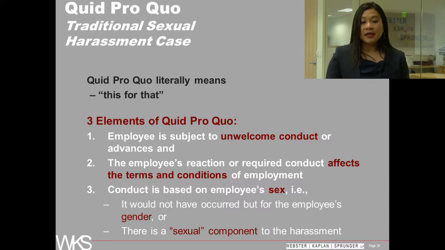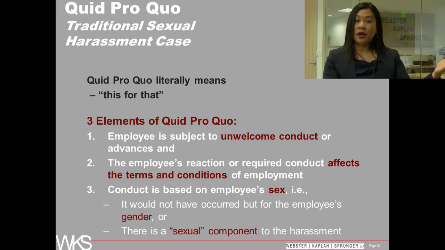The second is that the employee's reaction or required conduct affects the terms and conditions of employment. So meaning if she succumbs to going out with a supervisor or succumbs to the request to give massages, right, that there's going to be some kind of required conduct that's going to affect the terms and conditions of her employment, such as, like I mentioned, she'll get a raise, she'll get a promotion if she complies with the request.